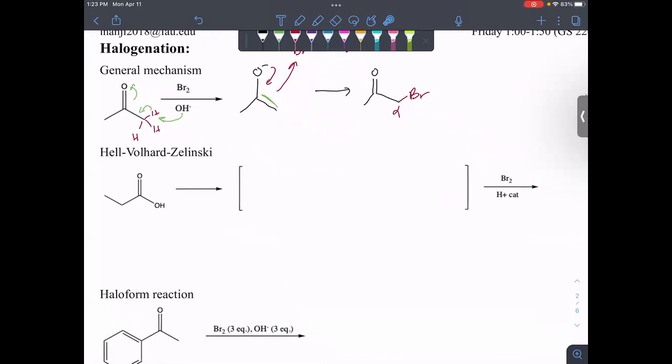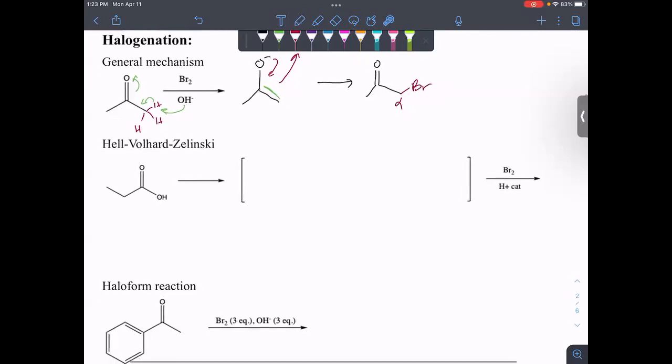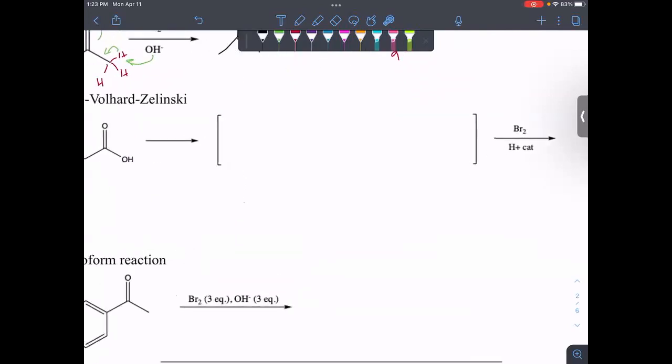Okay, so that brings us into the HVZ reaction, which is basically just halogenating carboxylic acids. This is the thing shown in lecture with the protecting group and then the Br2. The first step is to protect the reactive alcohol of the carboxylic acid. So remember what reagents we could use to do that.